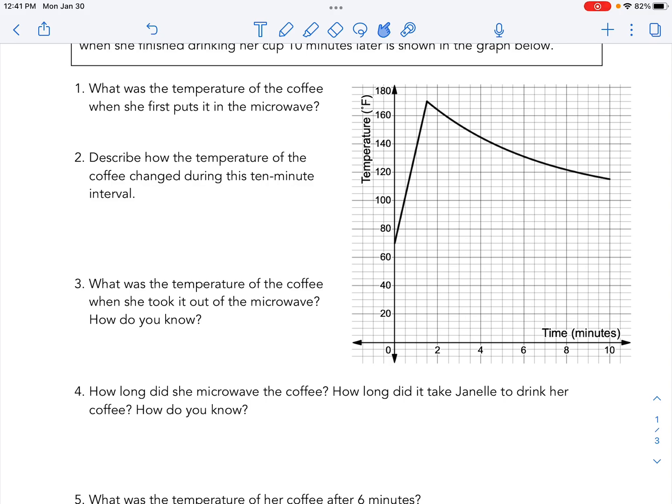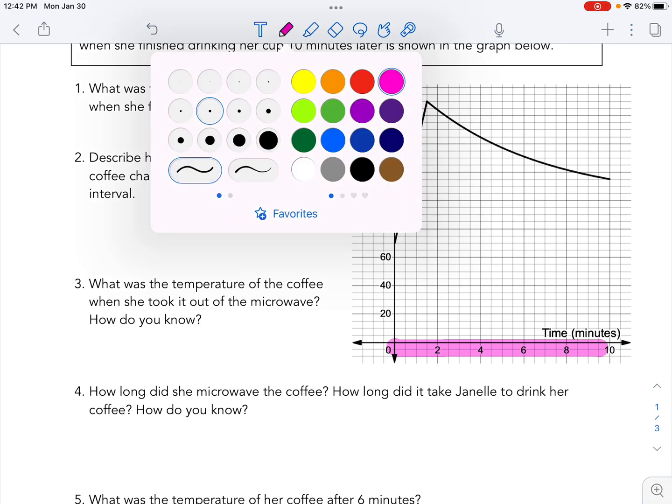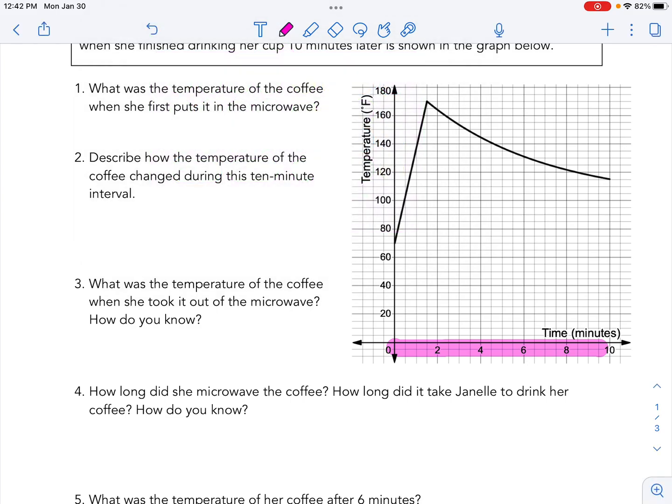So if I'm looking at this graph, first thing I want to kind of highlight to everybody is that our domain would be all of these x values here, and it looks like it goes from 0 to 10, where this graph is going the whole time.